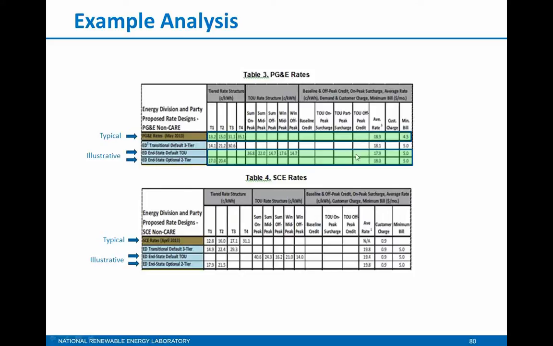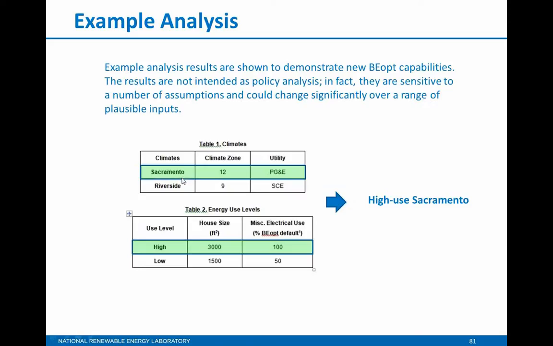a collapsed sort of 2-tier rate. There are values specified here describing those, and we have developed custom or user-defined rates in BEopt using the utility rate wizard to account for these kinds of values, and then explored some analysis results over a couple of different locations.